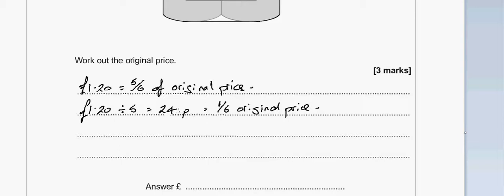So the whole price is 6 times 24. So 6 multiplied by 24, okay, 6 4s are 24, 6 2s are 12, plus 2 is £1.44, and that would be the original price.